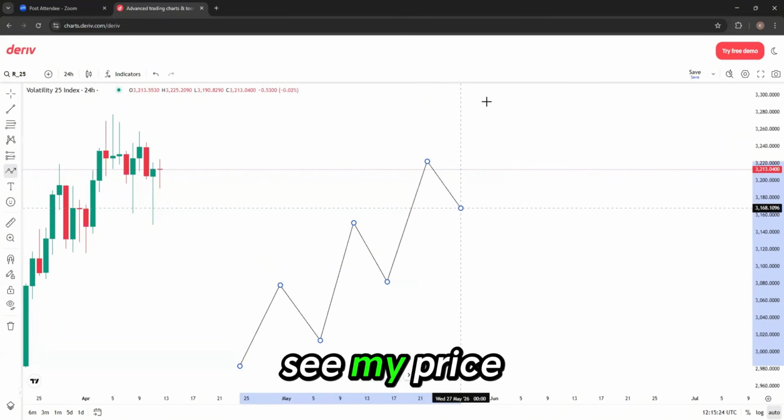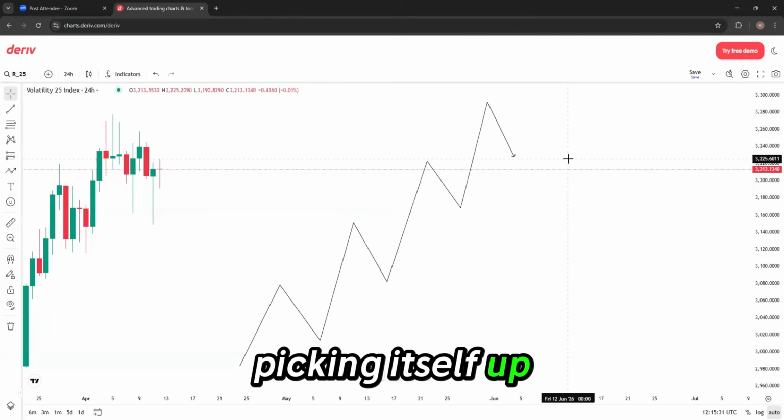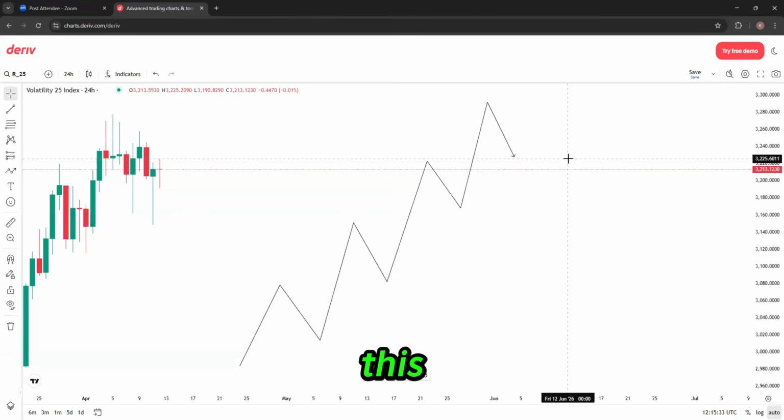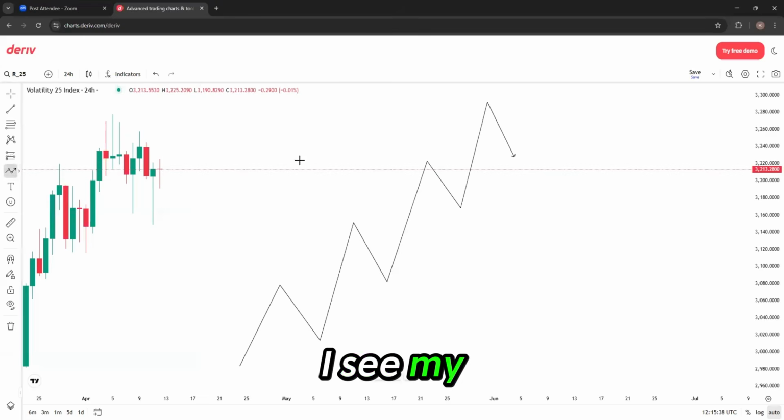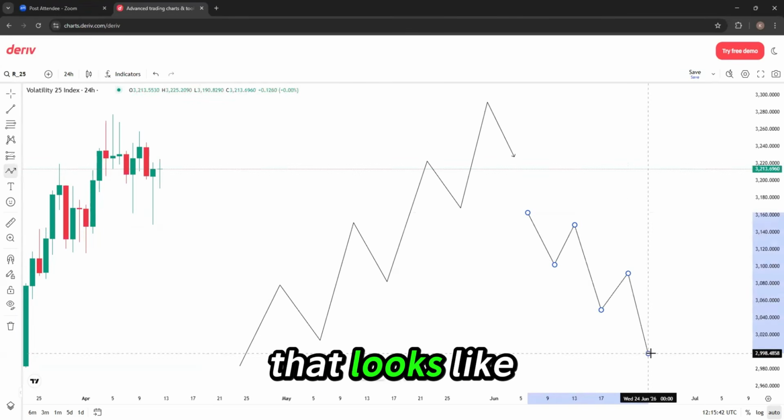And if I see my price picking itself up in a structure that looks like this, then I know that this is an uptrend. And if I see my price picking itself up in a structure that looks like this, then I know this is a downtrend.